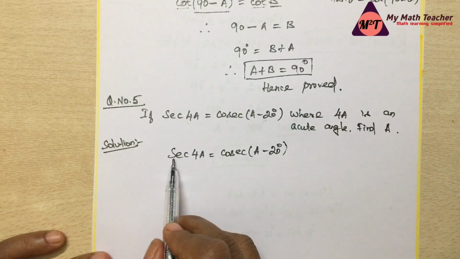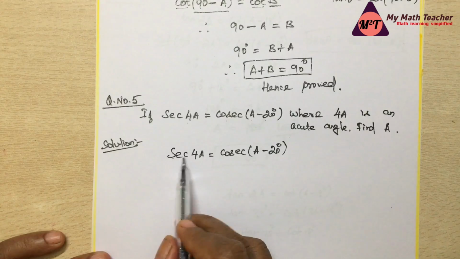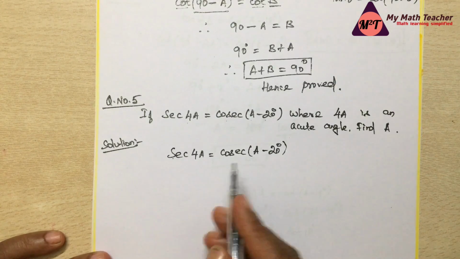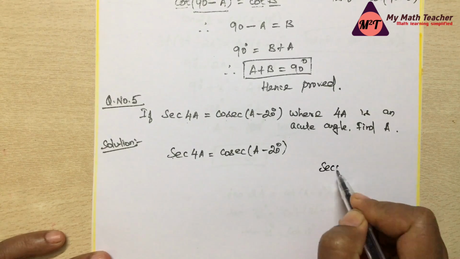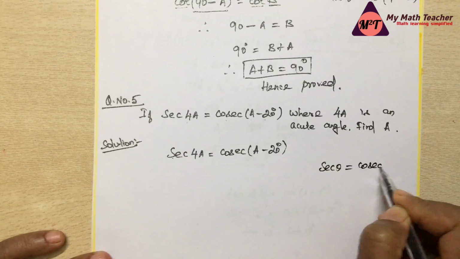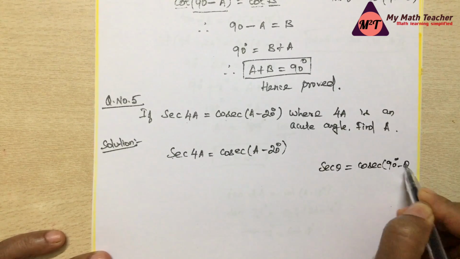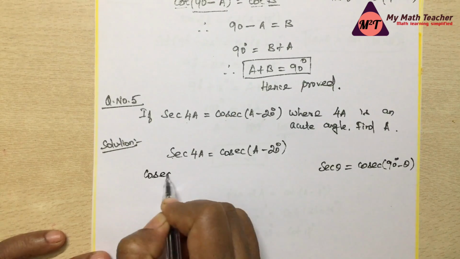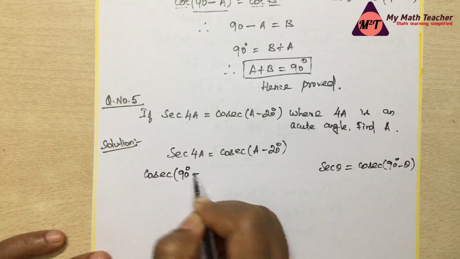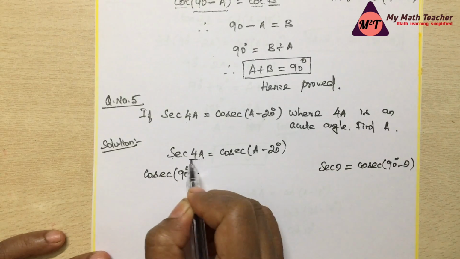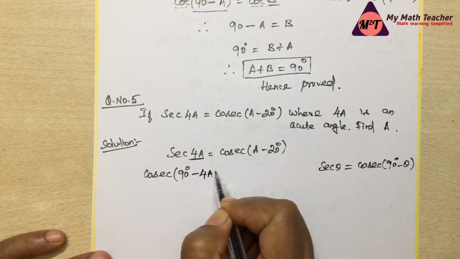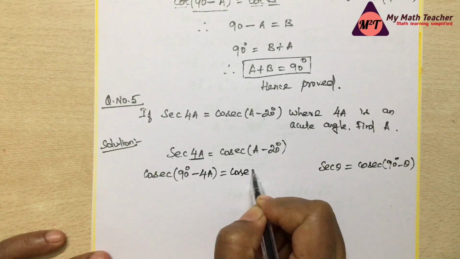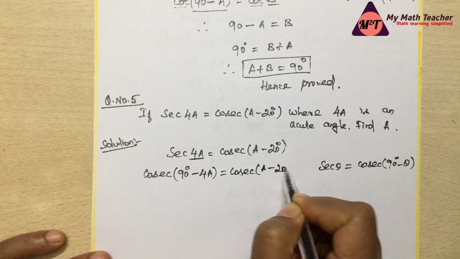Now change this secant to cosecant, so that we can have the same ratio on both the sides. As we know, secant theta is equal to cosecant 90 degrees minus theta. So here we can apply this formula, that is cosecant 90 degrees minus theta is this, that is 4a, which is equal to cosecant a minus 20 degrees.